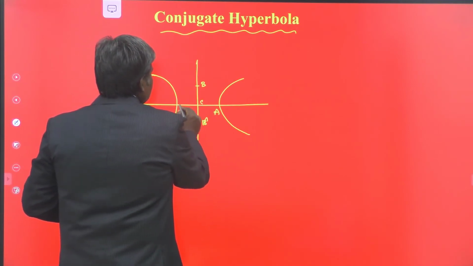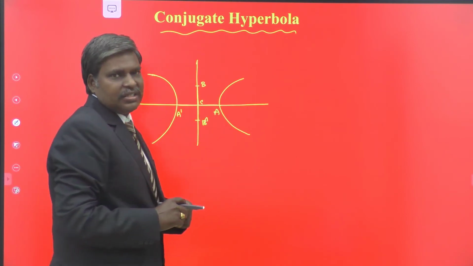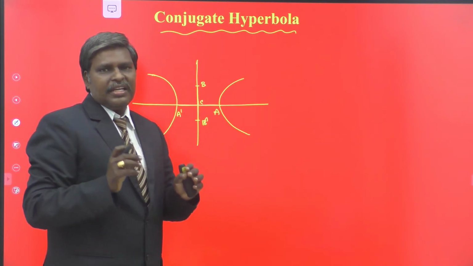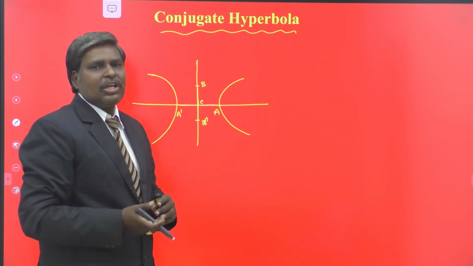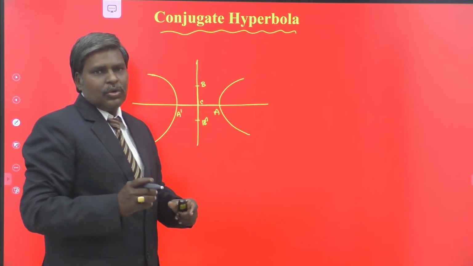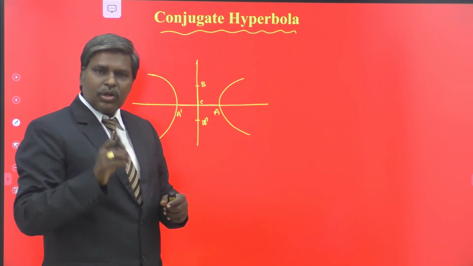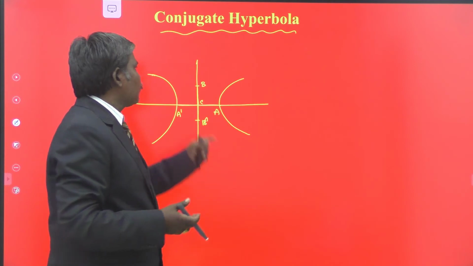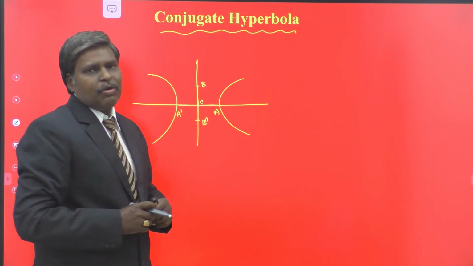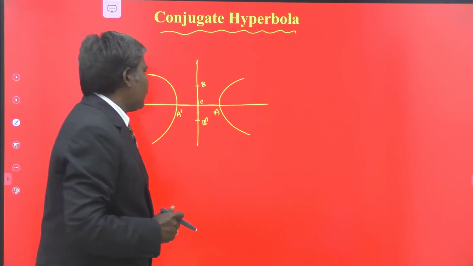Now AA dash is what? The transverse axis. BB dash is what? The conjugate axis. Now the conjugate hyperbola of a given hyperbola is obtained by interchanging the roles of the transverse axis and conjugate axis. We choose the transverse axis as the conjugate axis and the conjugate axis as the transverse axis. We obtain a new hyperbola. That hyperbola is called the conjugate hyperbola of the given hyperbola.